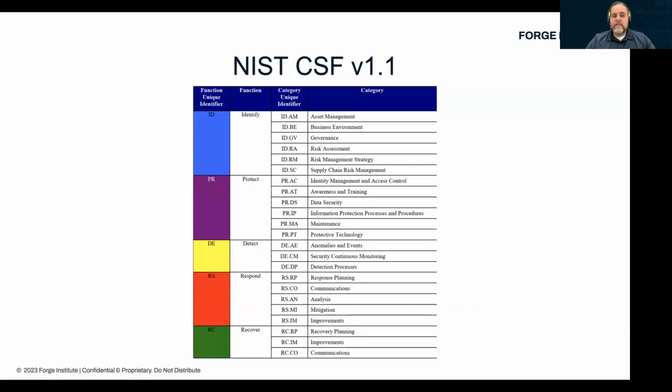Identify is the function that says, let's figure out what you have. Let's set up your program and everything. Protect is, let's put those protective controls and measures in place. So let's run firewalls. Let's run antivirus. Let's lock down password strength. Let's implement encryption and things like that. That's what most people think about when they think about security, that protect function.